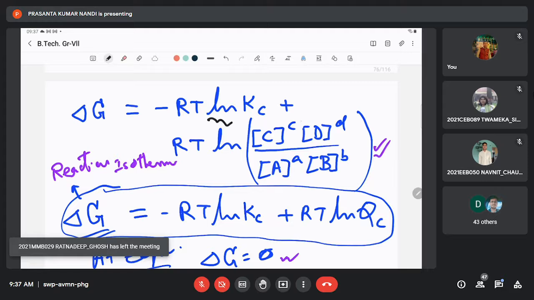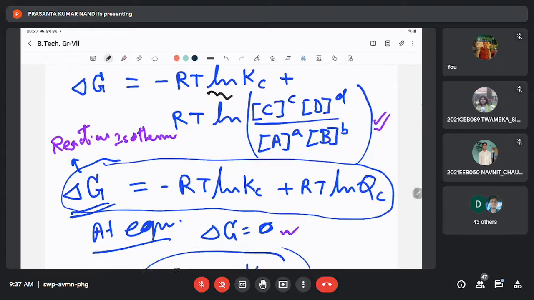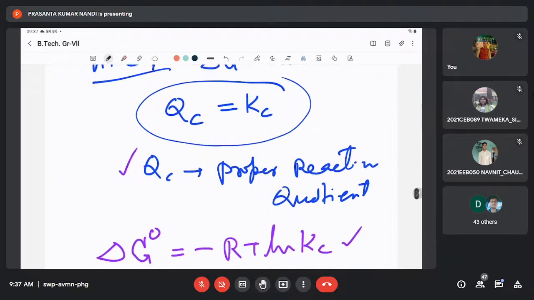Qc denotes all these quantities within the parentheses, what we call the proper reaction quotient.